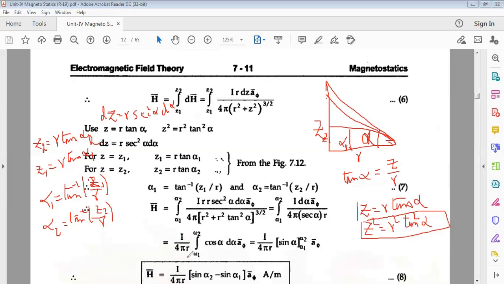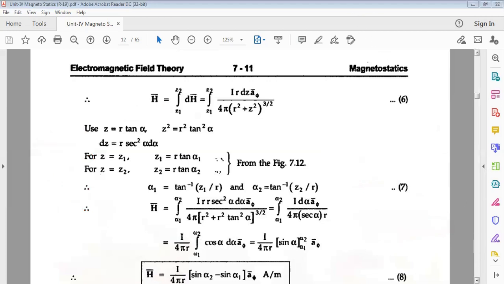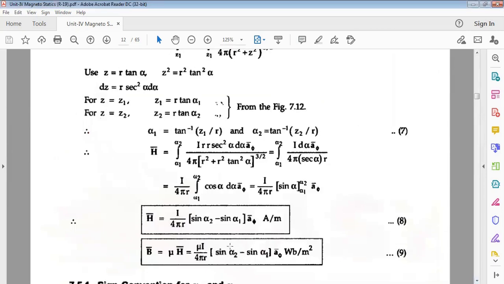Previously the limits were minus pi by 2 to pi by 2. Now it is alpha 1 to alpha 2, sin alpha 2 minus sin alpha 1. Got it, my students? What is alpha 1?